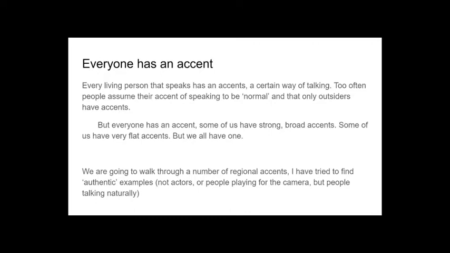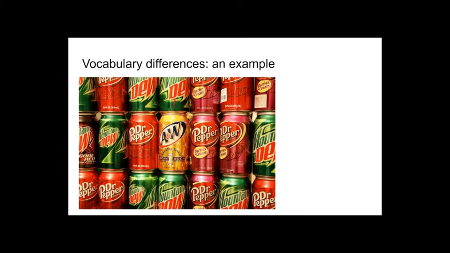So I have found lots of different kinds of examples of different accents, and most of them are from real people, politicians or interviews on the street or what have you. Only one example is from a movie, but it's a good example. The actors are speaking in their real accent, their native accent. So it should be hopefully interesting for us.